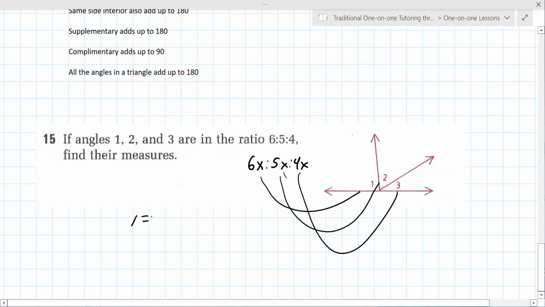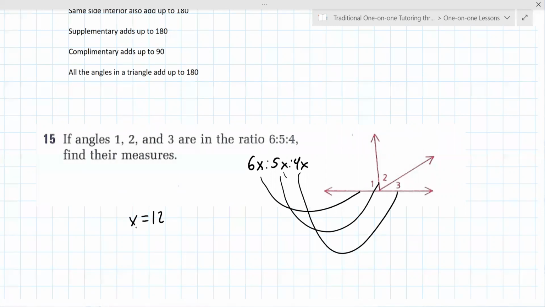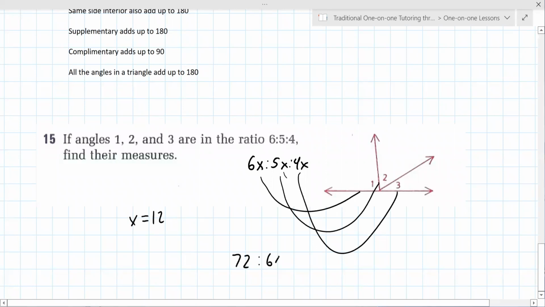Okay. So could you find the three angles for us, please? Um, 72, 60, and 48. That looks right to me.